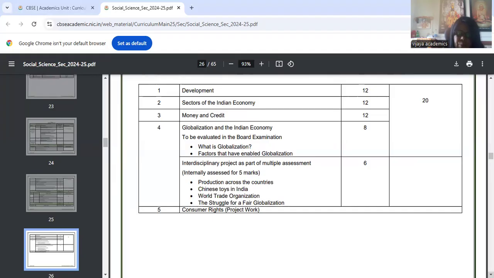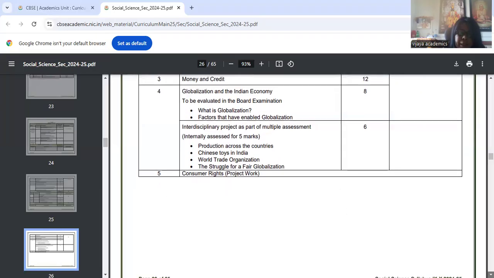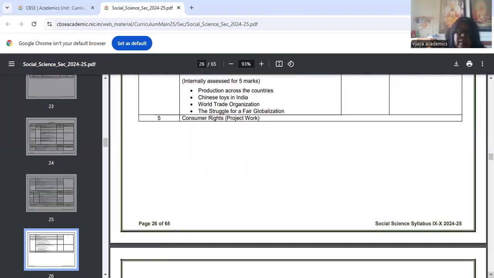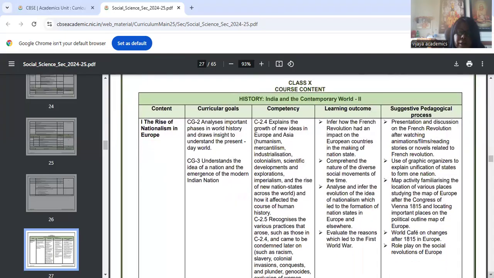Subtopics are production across countries, Chinese toys in India, World Trade Organization, the struggle for a fair globalization, and the number of periods is 6. Next, chapter number 5 is only for project work, and that is consumer rights. Now, if we go through here, all the detailed information is given.